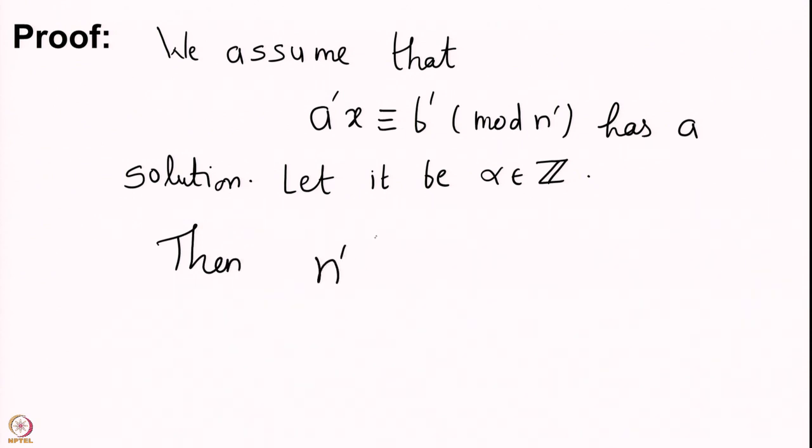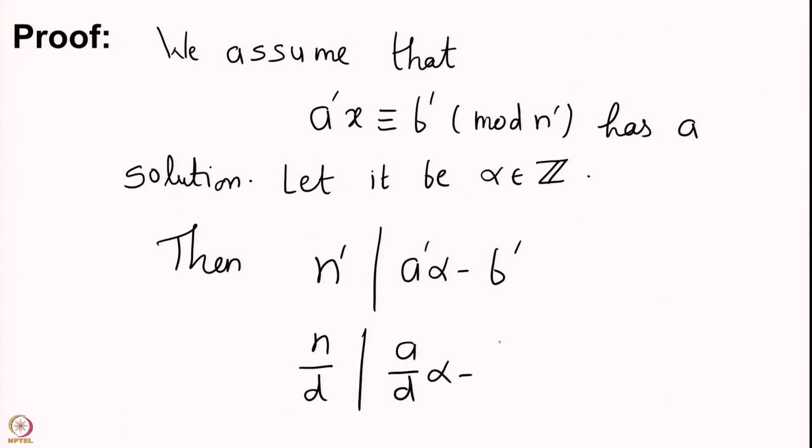n prime divides A prime alpha minus B prime, which is to say actually, so I should not really call this as implies, but we are just going to rewrite this, that n by d divides A by d alpha minus B by d.